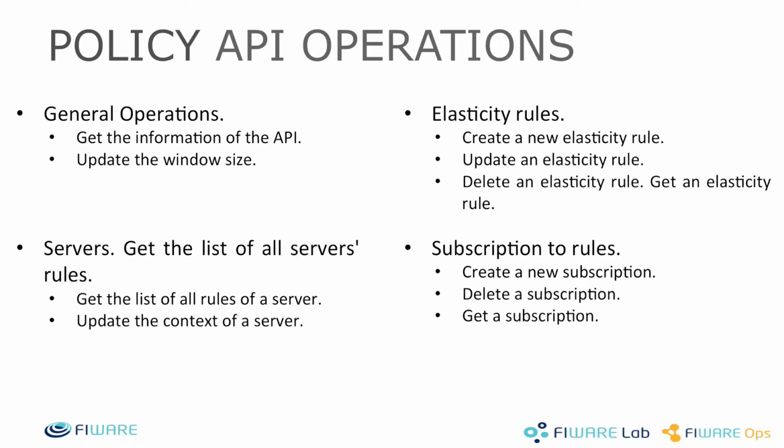Attending to the operations, there are different API operations. General operations: the get info API returns information about the starting date of the server, the version of policy manager that is deployed, documentation information, etc. Update window size modifies the number of facts to be managed in the fact average for each tenant.